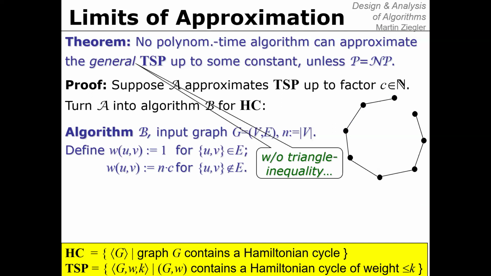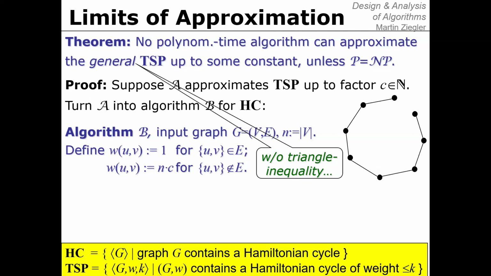Let's suppose the input to the algorithm B is this graph, which obviously has no Hamiltonian cycle. And the algorithm B will introduce edges to this graph, and edge weights.